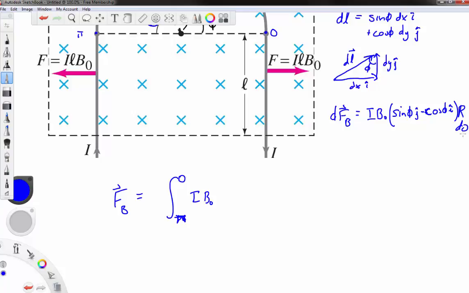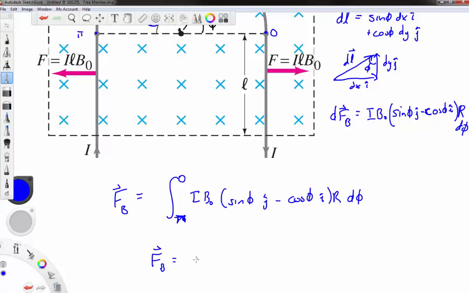You should have an r times d phi in here to make it all fit. So we have I b naught times sine phi j hat minus cosine phi i hat r d phi. So this is a simple integral now.